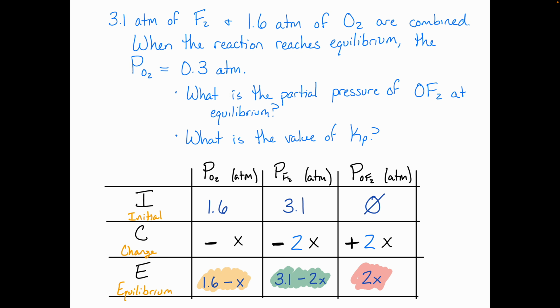Which one of these boxes, orange, green, or red, do we know about from our problem? If we read our problem, it says that when the reaction reaches equilibrium, the partial pressure of O2 is 0.3. So I know that 1.6 minus x has to equal 0.3, so that's how we're going to solve for x here.